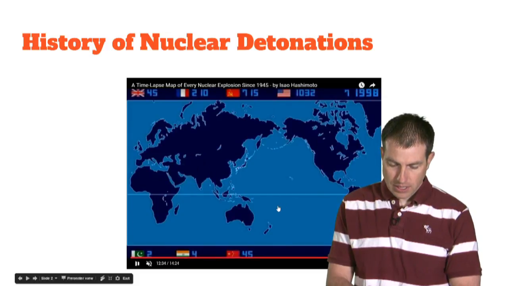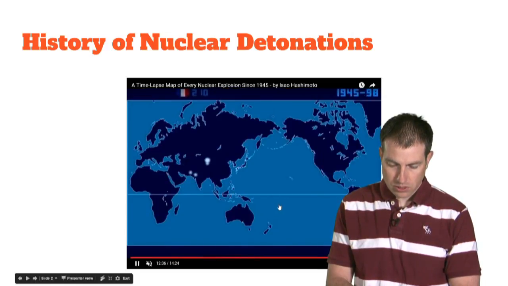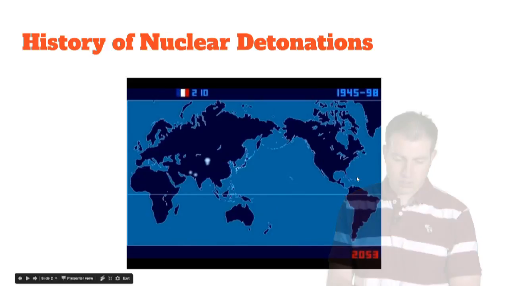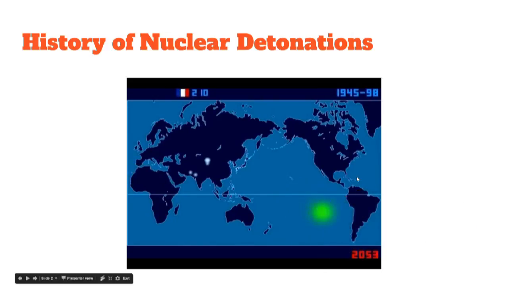If we go right to the end of the video, it shows each country, and it shows where all their bombs were detonated. So this is France's 210 bombs. And it gives you kind of like a heat map. The white circles, it's not how much radiation was created or anything, it just gives you an idea of where the nuclear bombs were detonated and frequency.